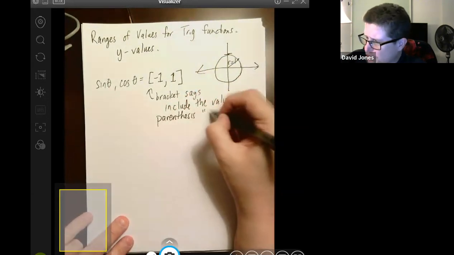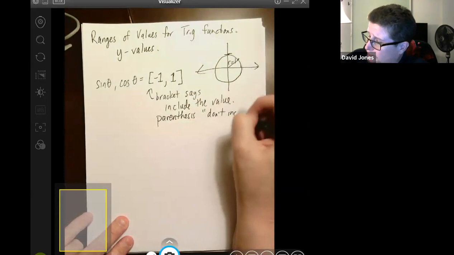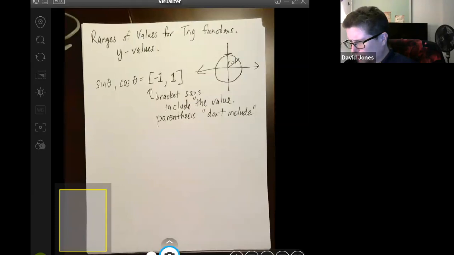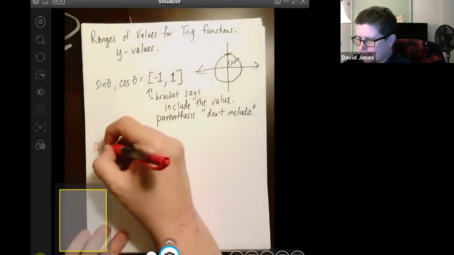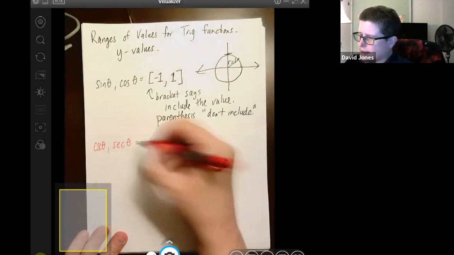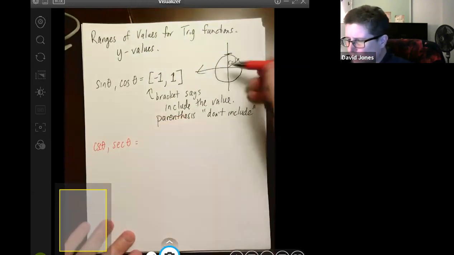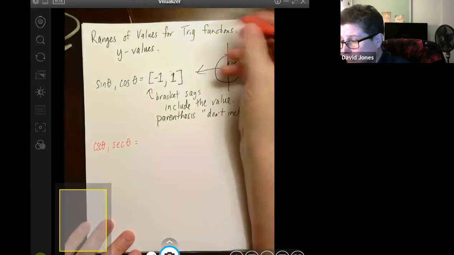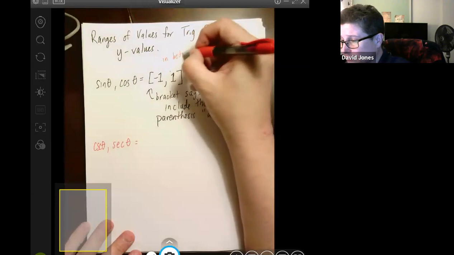When you flip these over, you end up getting these: cosecant theta and secant theta. Everywhere in between here is a decimal.